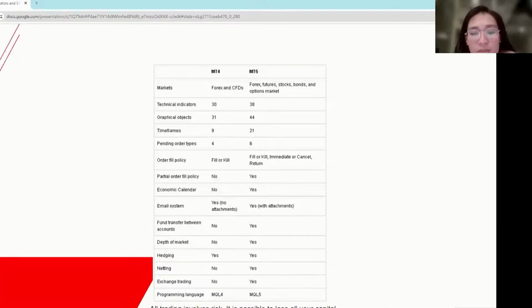On the other hand, MT5 is better suited for traders looking for a more versatile platform that supports multiple asset classes and advanced trading features. Both platforms are available on various devices, including desktops, mobile, and tablets. So you can access the markets from anywhere, anytime.